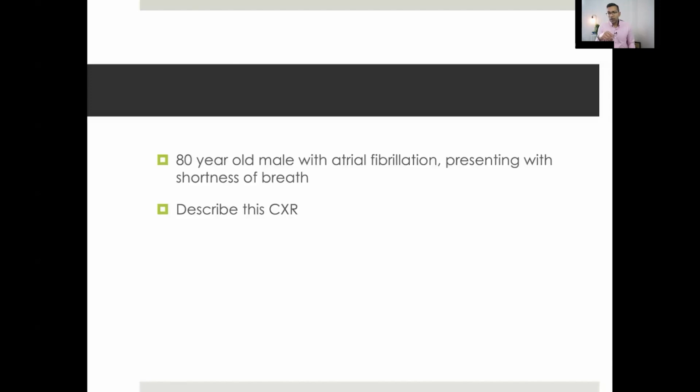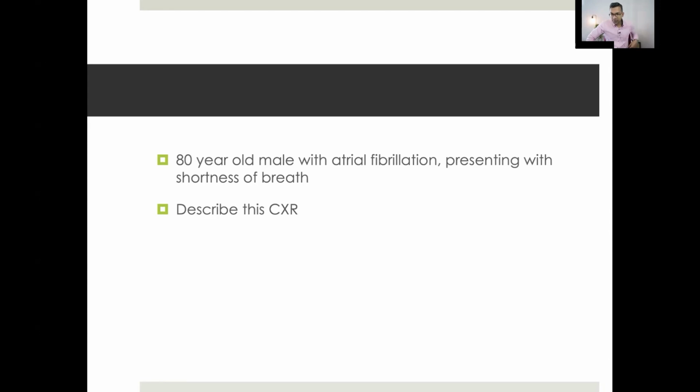Hey, and before I even say it, hey, D, just because I've got you, without seeing anything, what would you expect to see on this chest X-ray that you might mention, or relevant negatives, relevant positives? So I might expect to see a dilated or enlarged left atrium, which could be causing this atrial fibrillation. Maybe signs of heart failure, such as signs of acute pulmonary edema.